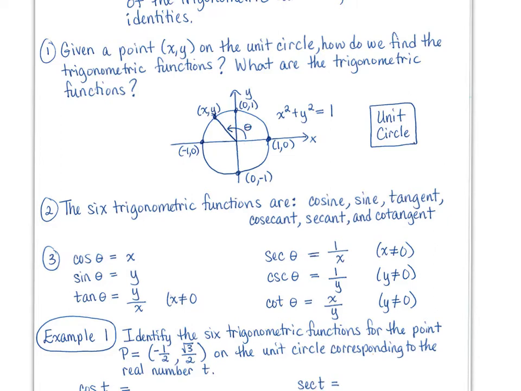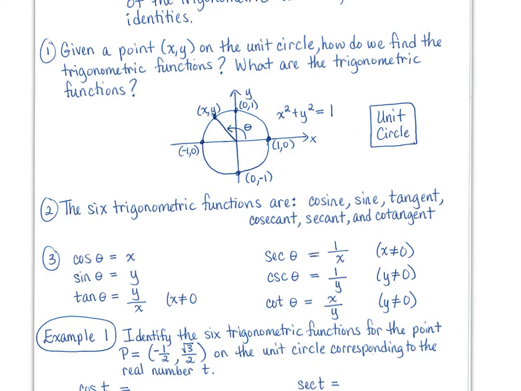This comes from the unit circle, x squared plus y squared equals 1. The 6 trigonometric functions are cosine, sine, tangent, cosecant, secant, and cotangent.